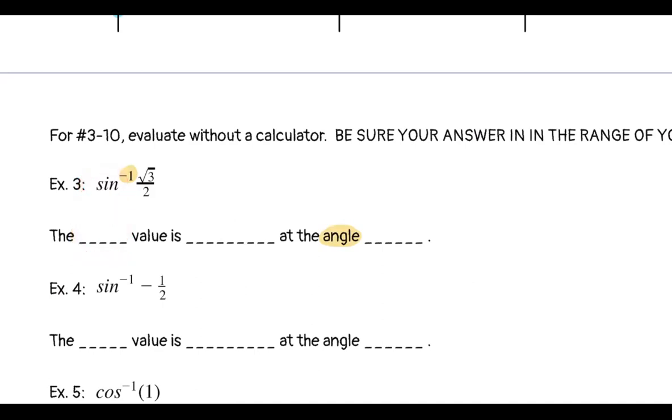Y. So we're looking for Y. So I'm going to go ahead and write that there. And the Y value is, what is the Y value we're looking for? Yeah, the Y value we're looking for is √3/2.